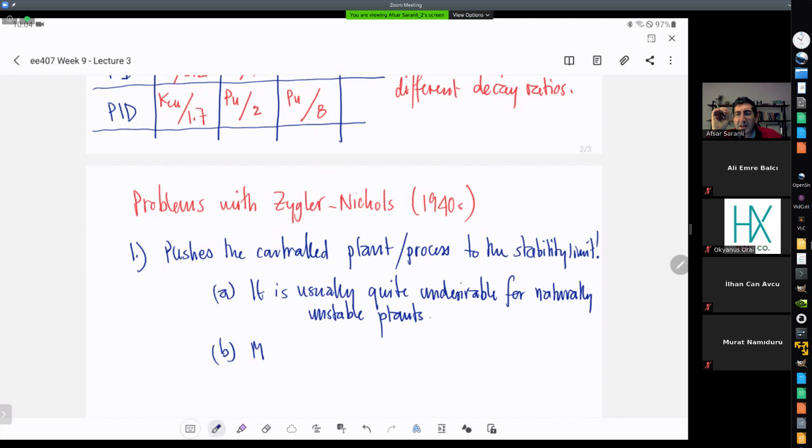If you're very near, but on the right hand side of the j omega axis, hypothetically, you will have a very small exponential function. But in practice, once a system is unstable, you may not be fast enough to bring the system back to stability. Okay, so this may be difficult to turn back to stable behavior.